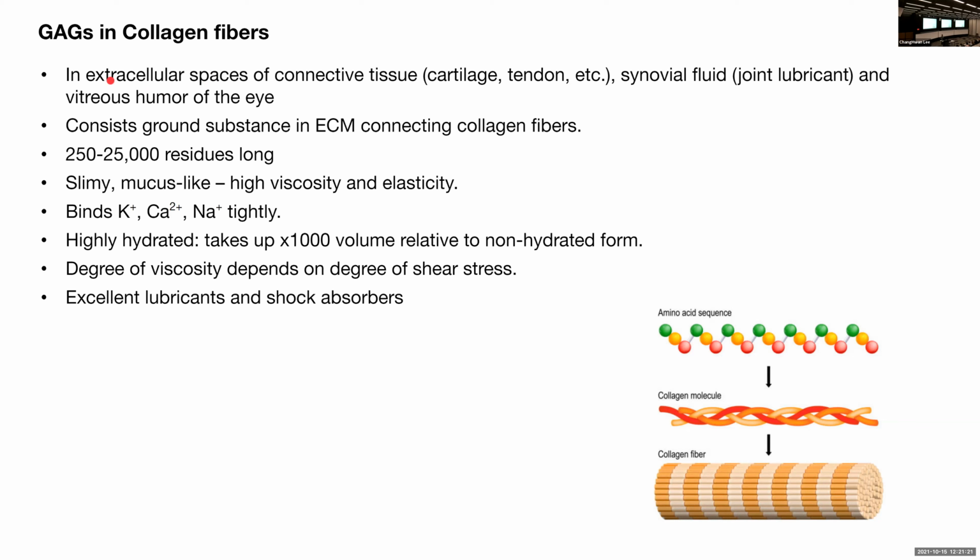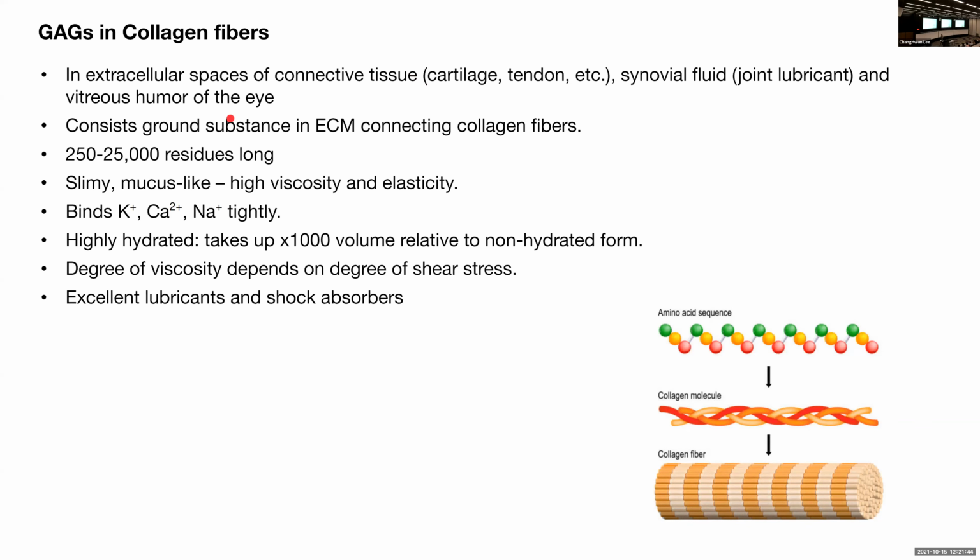So in the extracellular spaces of connective tissues, and connective tissues are cartilages, tendons, ligaments, and whatever that are connecting to different kinds of tissues, bones, and muscles and stuff like that, as well as synovial fluid, which is a fluid that is lubricating the joints, and the vitreous humor of the eye.